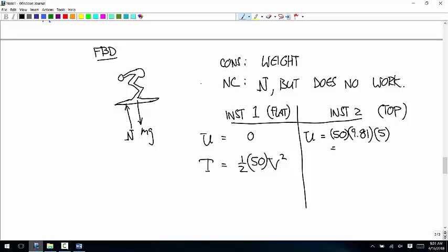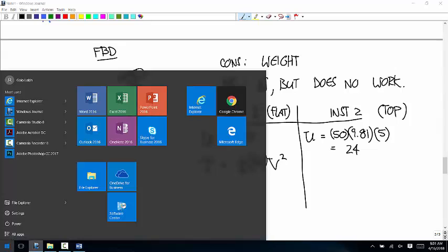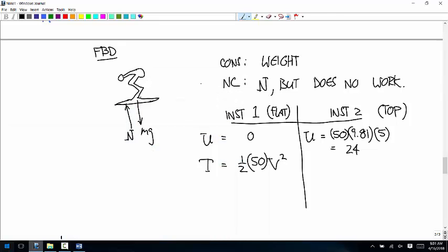And so that is 50 times 5 times 9.81. Like that, maybe?